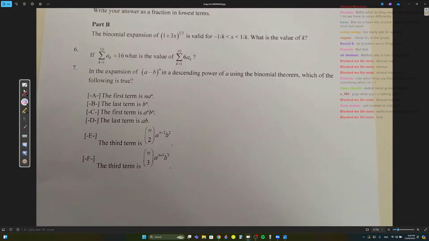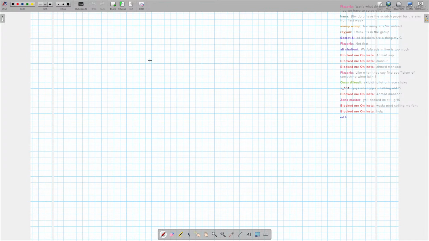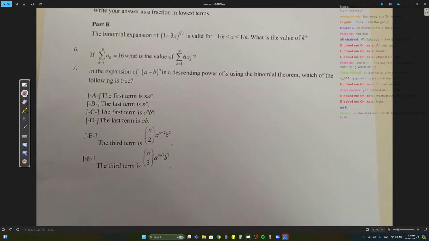In case they come with the same numbers, I won't solve them, but I'll just put them. In the exam, they asked what is true about A plus B. If it was A plus B, then this would be correct and this would be correct.